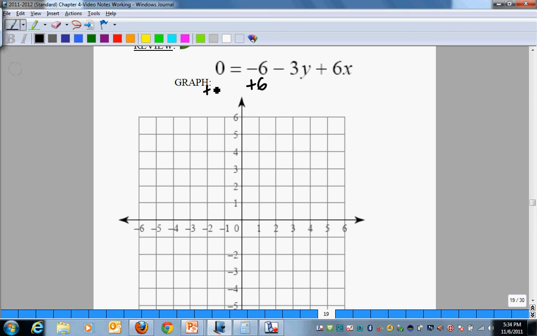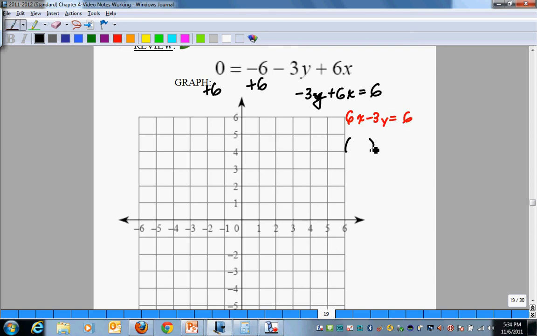So we're going to add 6, add 6. Let's swap this around so you recognize it. It's going to be negative 3y plus 6x equals positive 6. Let's switch this around one more time so you recognize it in standard form. We have 6x minus 3y equals 6.